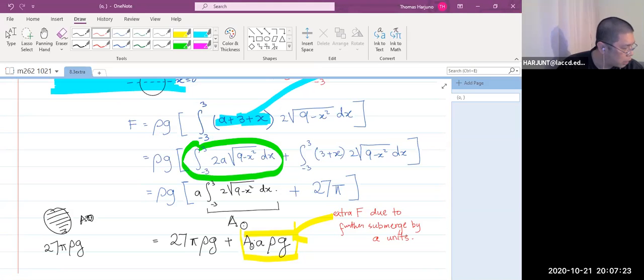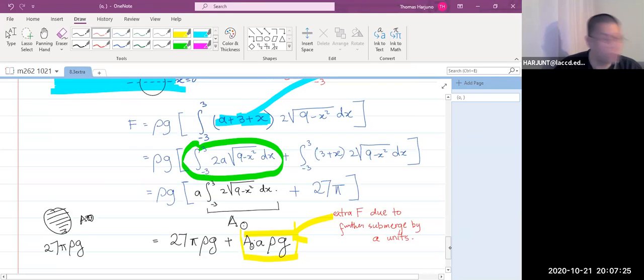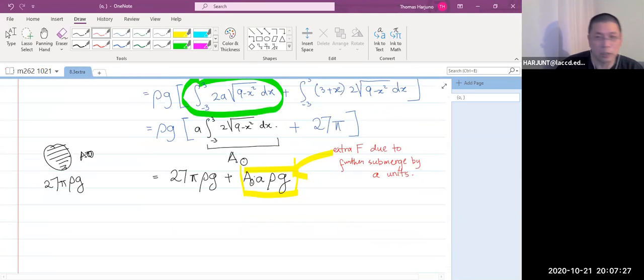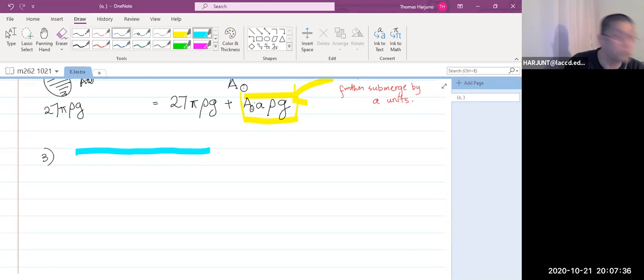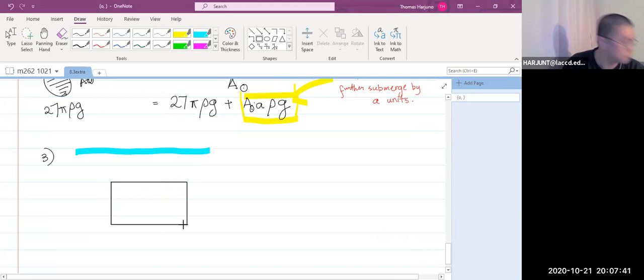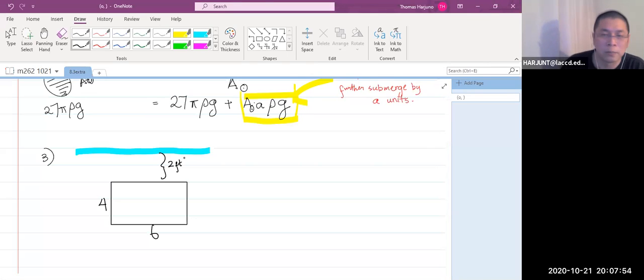Okay, that's why, for example, if you try to do question number 3, question number 3 has the following situation. You have a rectangle. This is 4, this is 6, you submerge that by 2. Right? Okay. Take a look at the setup.